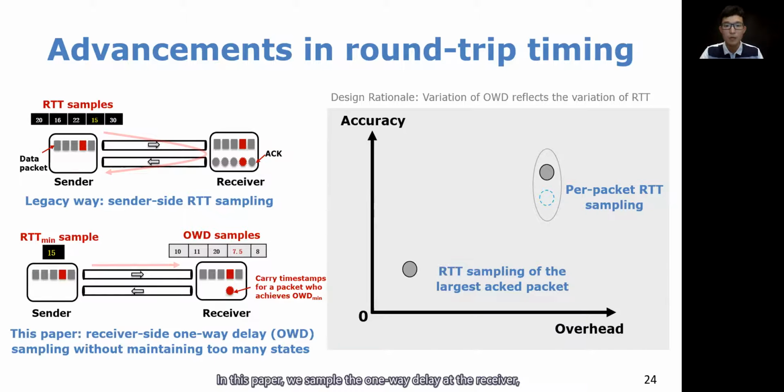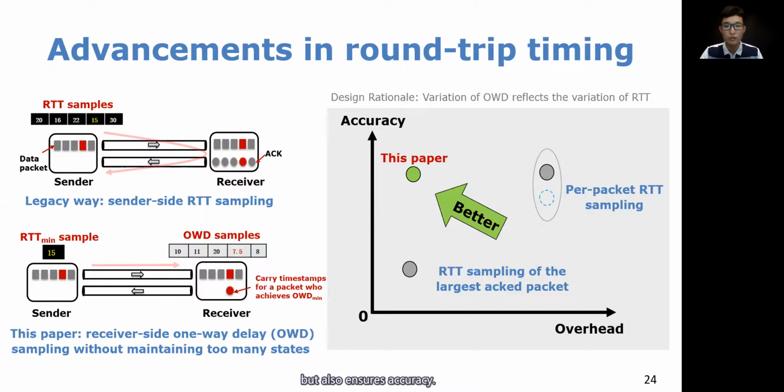In this paper, we sample the one-way delay at the receiver, and the TACK carries the timestamps for the packet that achieves the minimal one-way delay. The sender then generates the minimal RTT sample according to this TACK. Because TACK only carries the necessary information, the TACK-based protocol design not only reduces overhead, but also ensures accuracy.